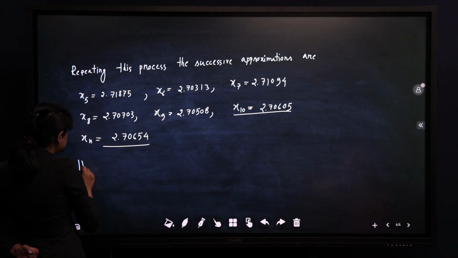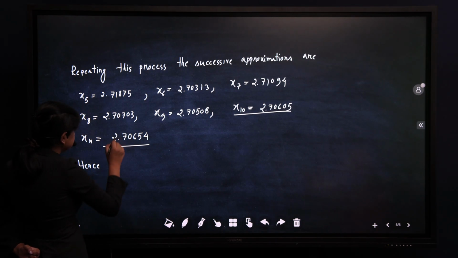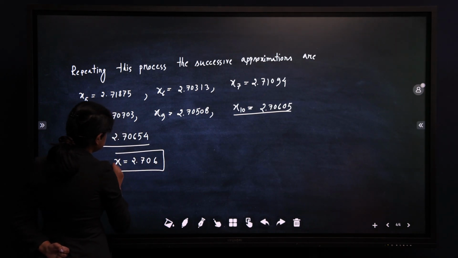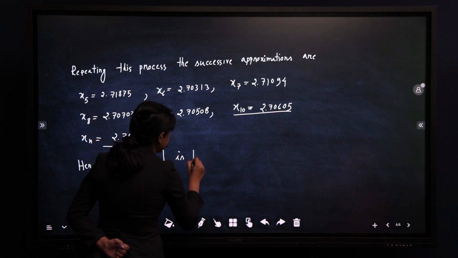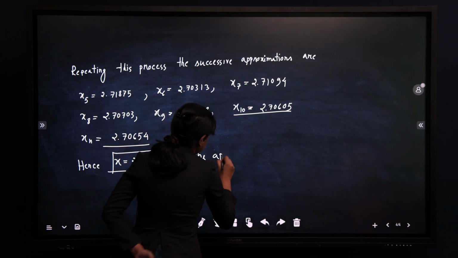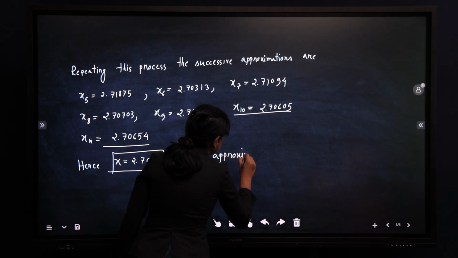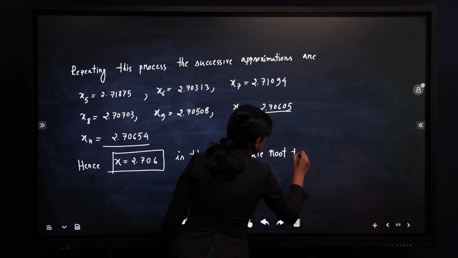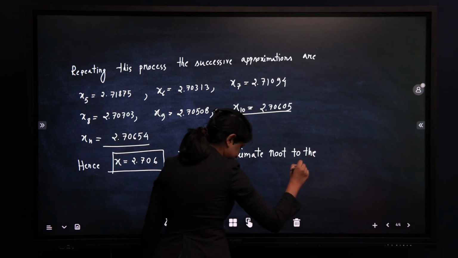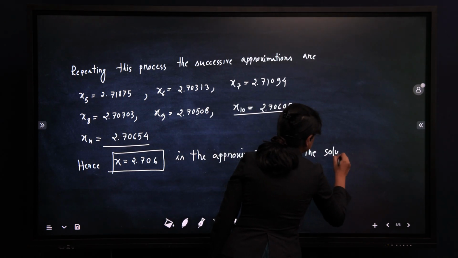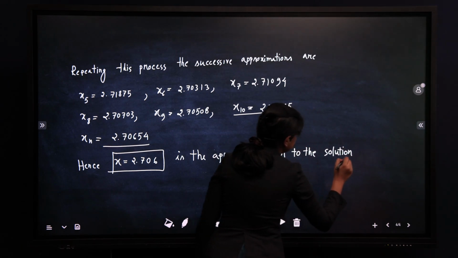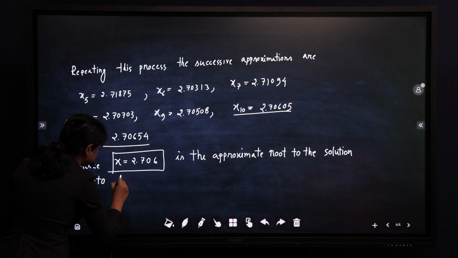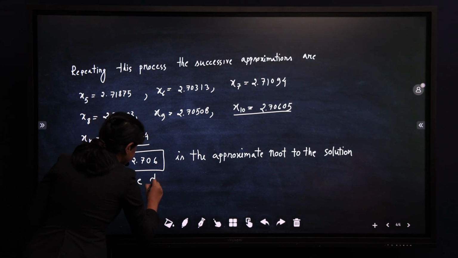So hence what we can conclude, hence this x equal to 2.706 is the approximate root to the solution up to 3 decimal places.